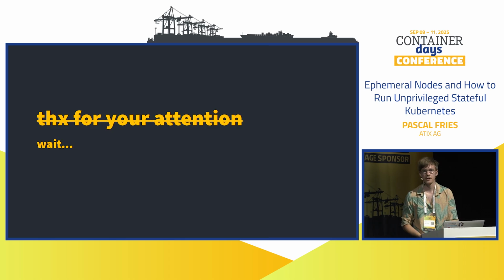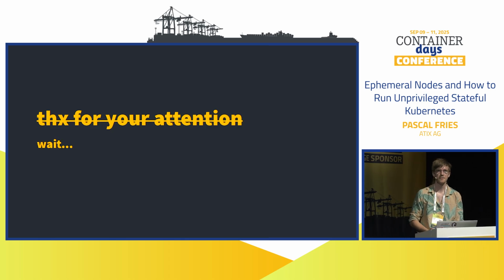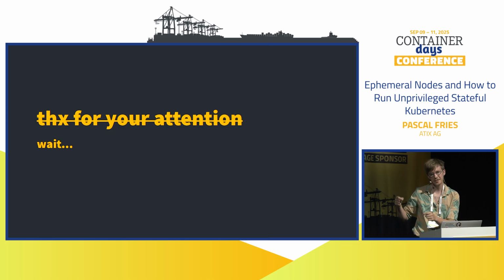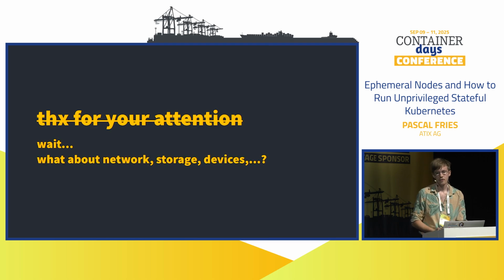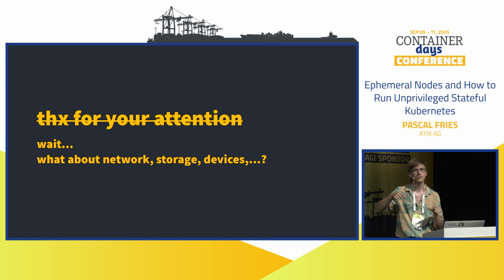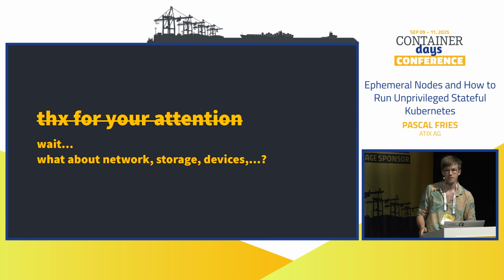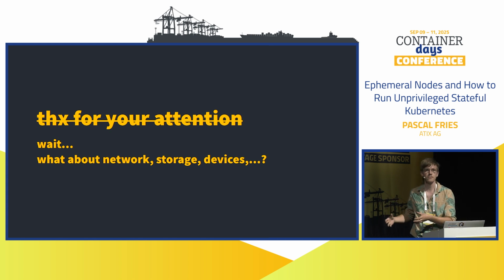Well, no, because we've taken one thing out and have specifically used the term infrastructure and then went to Kubernetes API. Kubernetes API is not all of your infrastructure, right? What about the network, storage, devices, things that we also have interfaces for? The things that run in your cluster, usually as daemon sets. Those things haven't been taken out.